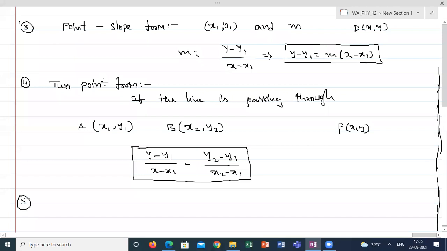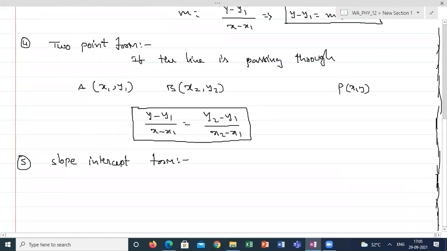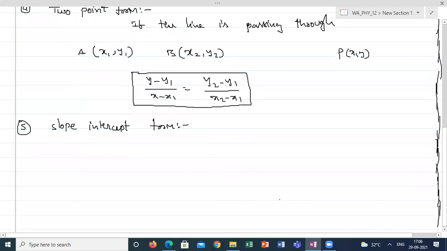The next one is slope-intercept form. There are two cases here. Case one: if slope and y-intercept are given, or if slope and x-intercept are given, how to do? Intercept is nothing but a point where it is meeting on the axis.